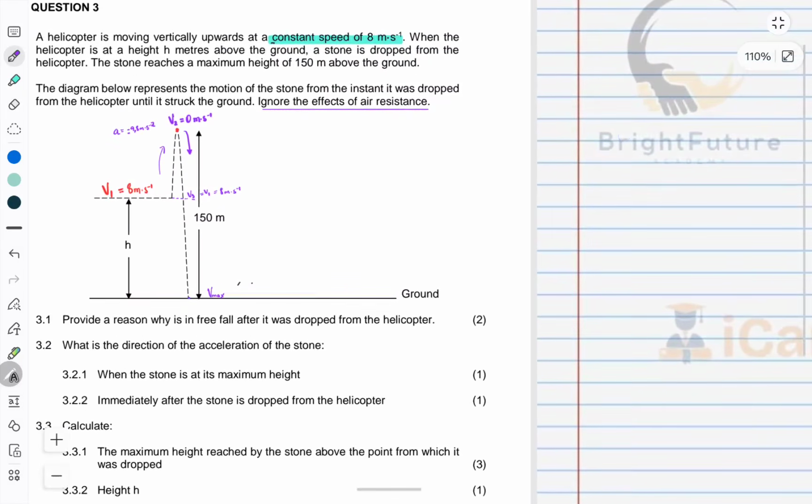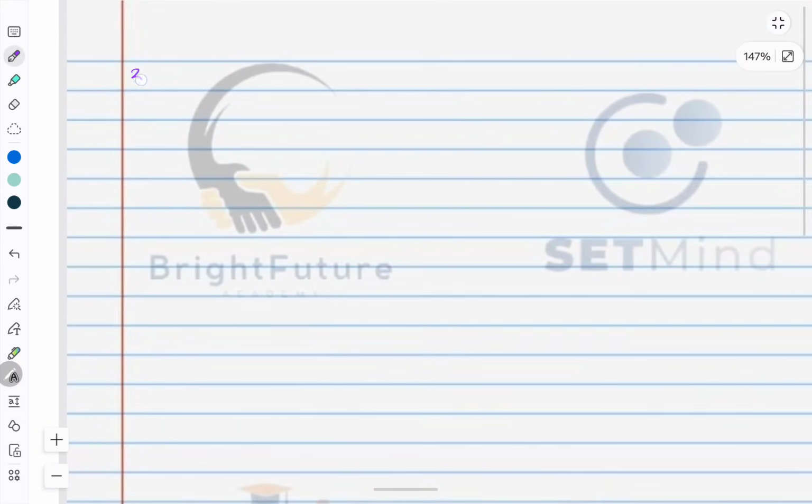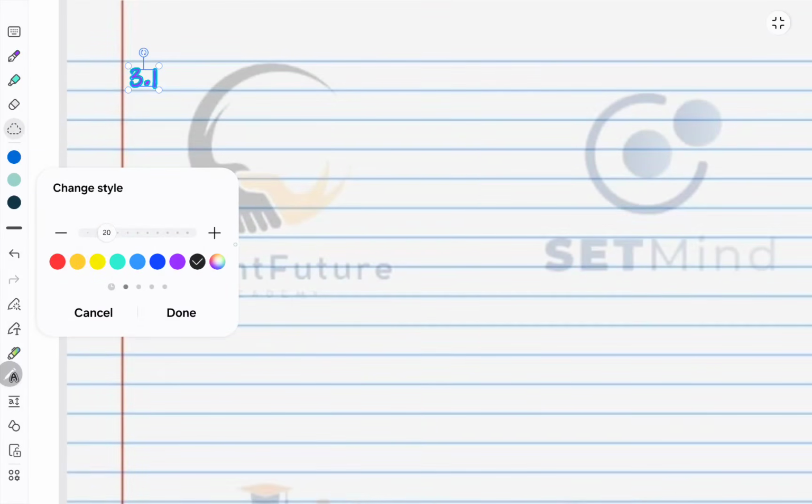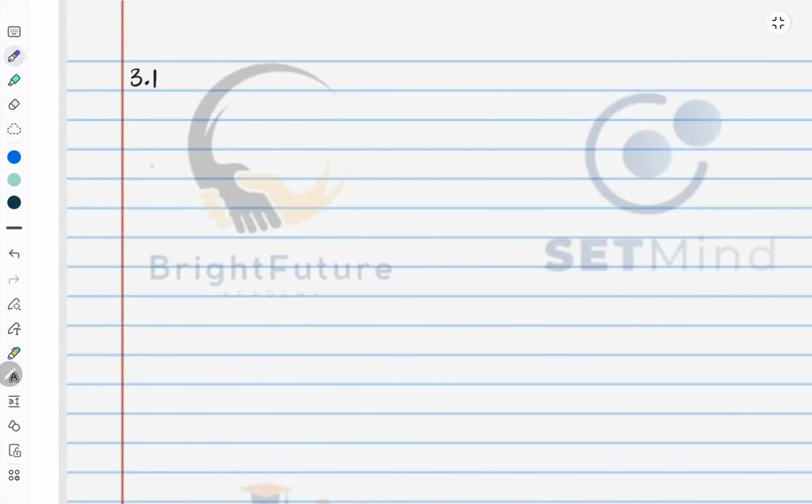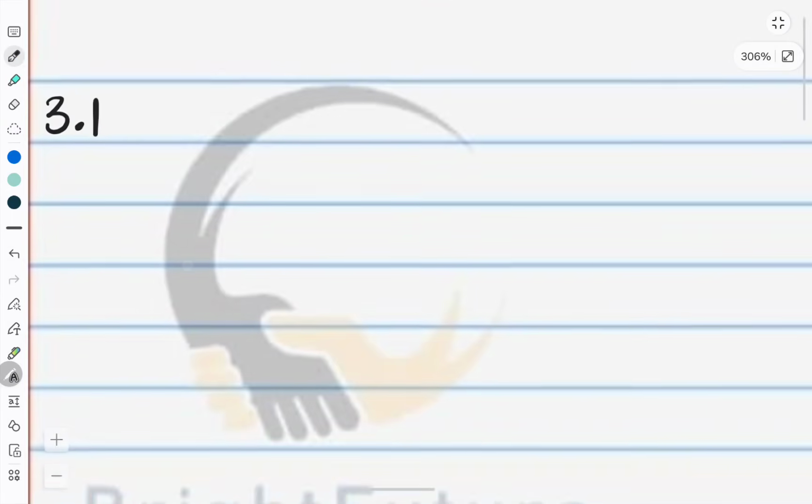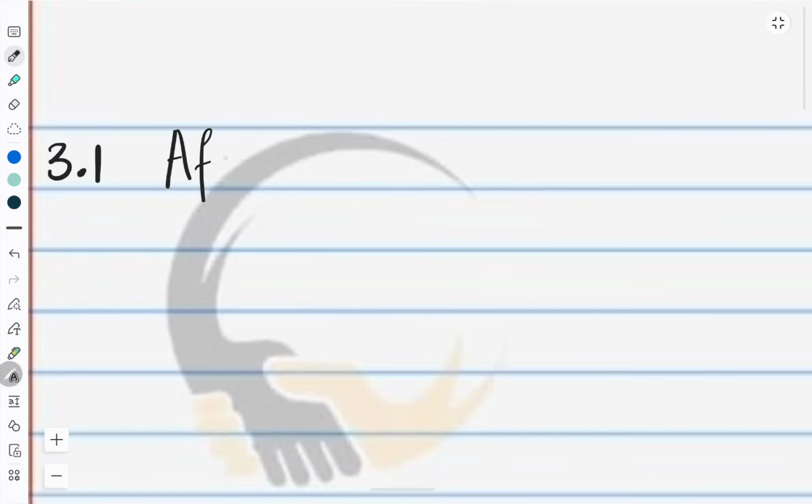So let us write it down. For 3.1, simply put, we say, after the stone is released, the gravitational force is the only force acting on it.